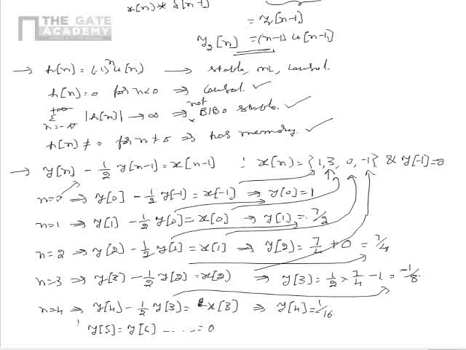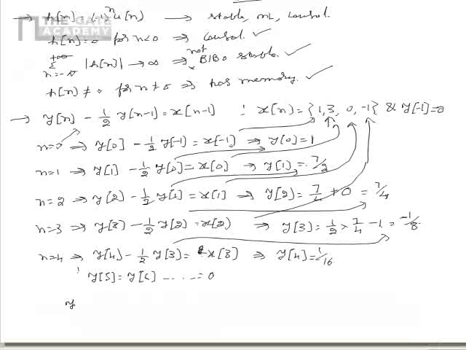From this, by using the given LCCDE, the output of the system can be written as y of n equal to 1, 7 by 2, 7 by 4, minus 1 by 8, 1 by 16, 0, and so on. And the value of 1 corresponds to the instant n equal to 0.